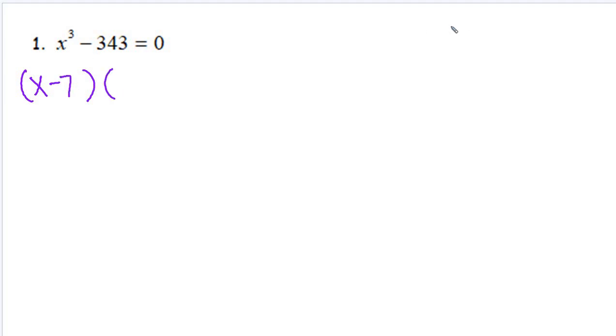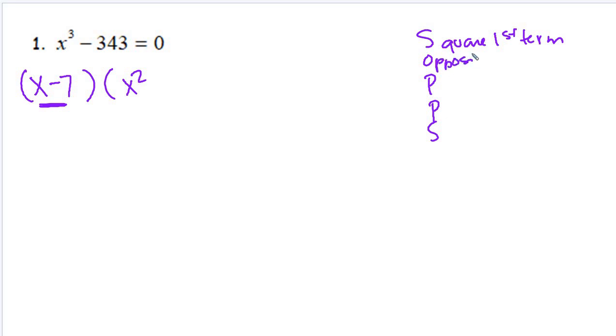Okay, and then we're going to build that trinomial. Remember, we do the SOPs method. That acronym tells us what to do. So it's square the first term here, so x squared. So we're going to SOPs this. The opposite sign. Okay, so this is a negative, so we're going to put a positive. The product, and when we say product, we're referring to the product of this number and variable, whatever happens to be there.